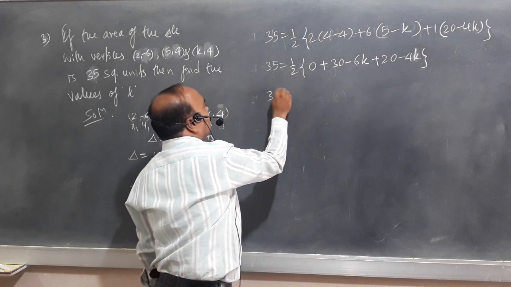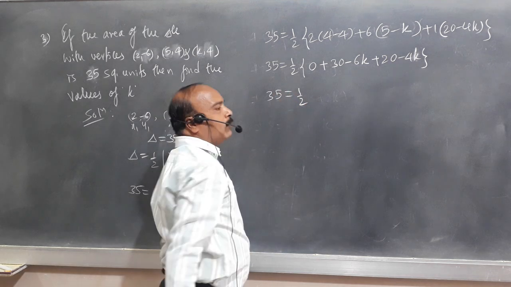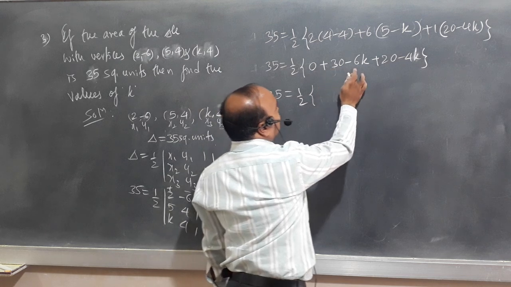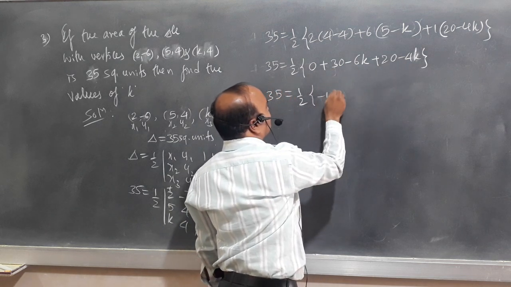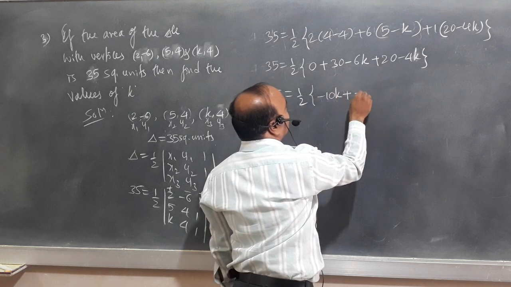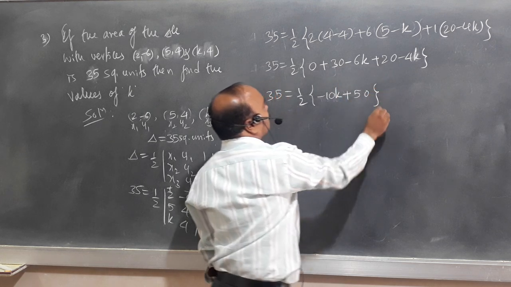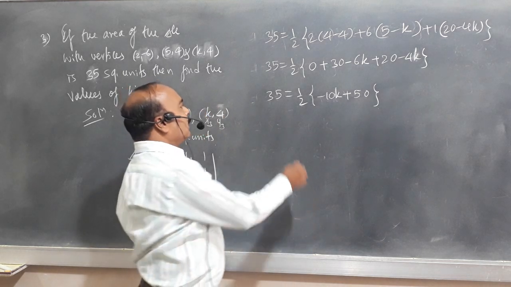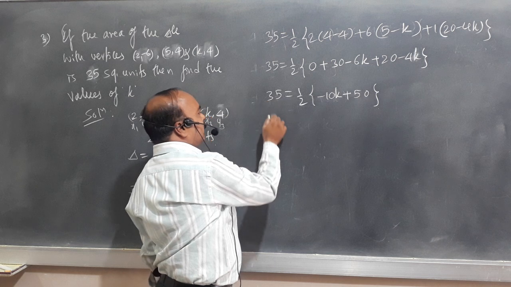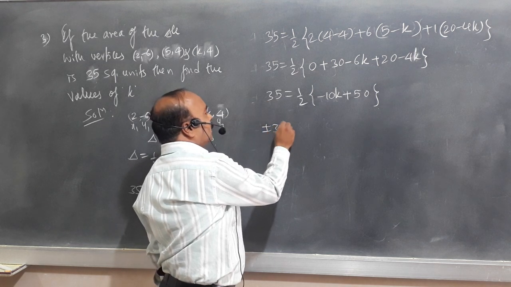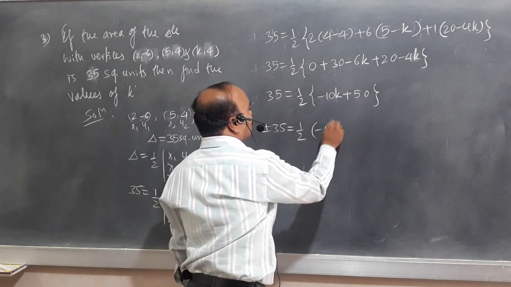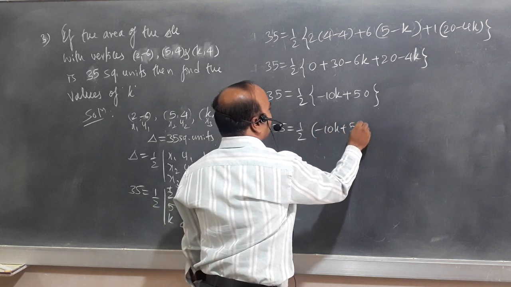Now 35 equal to 1 by 2 into, it is minus 6k minus 4k is minus 10k, 30 plus 20 is 50. Now we simplify this. Before that, we take two values of this one. Plus or minus 35 equal to 1 by 2 into minus 10k plus 50.